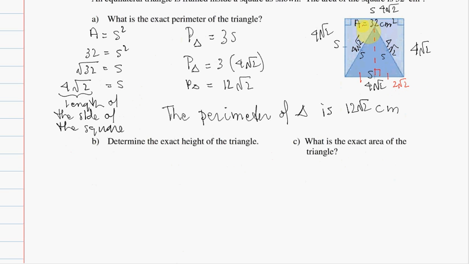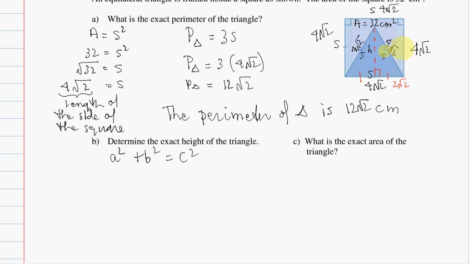And notice we have a right triangle. Okay, so we're going to use Pythagoras' theorem to determine the height. Okay, and we're going to call this the height.